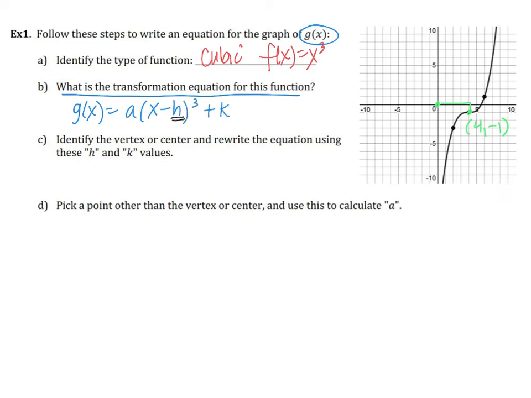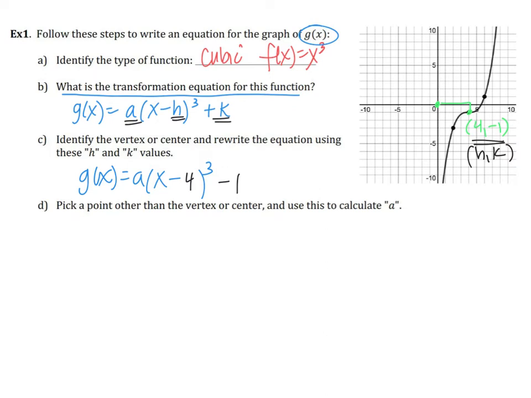So we're trying to fill in for a, h, and k. By moving the center to the right 4, down 1, h is equal to 4 and k is negative 1. So now I have g of x equals a times x minus 4, cubed, minus 1.